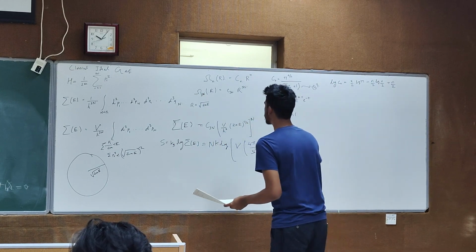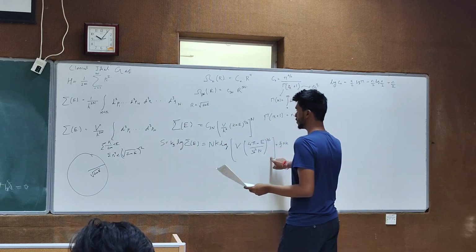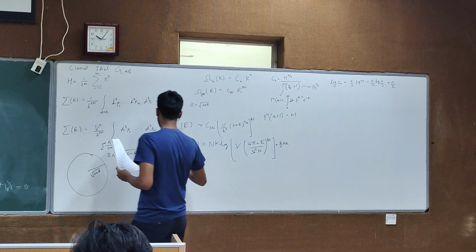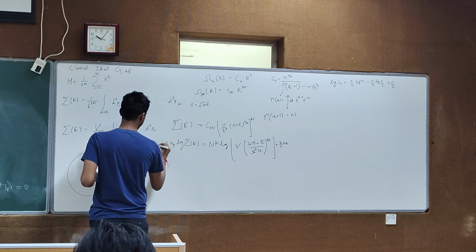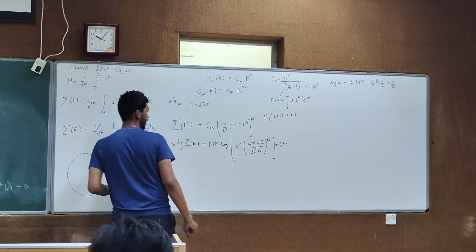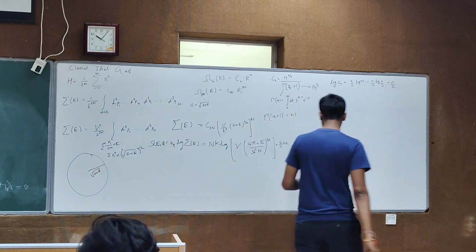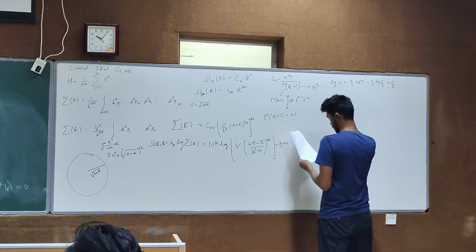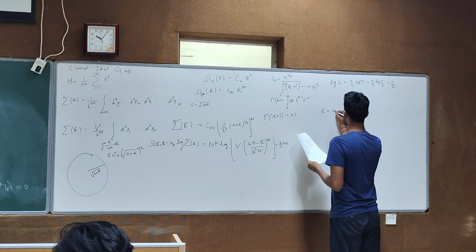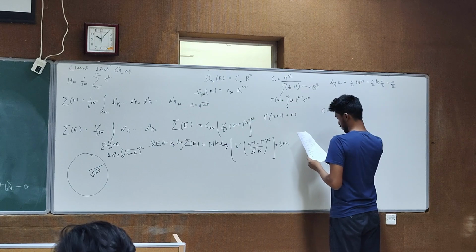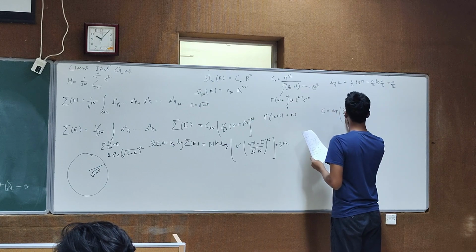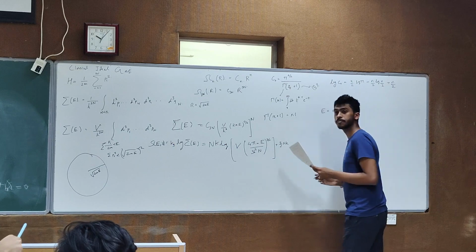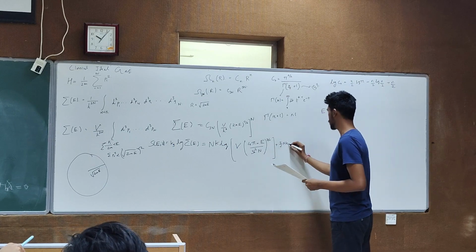And this is S in terms of E and V. So you've got S in terms of E and V, and you can invert this relation to get E in terms of S and V, and so that comes out to be this. Is that 3 by 2 N k_B? Yes.